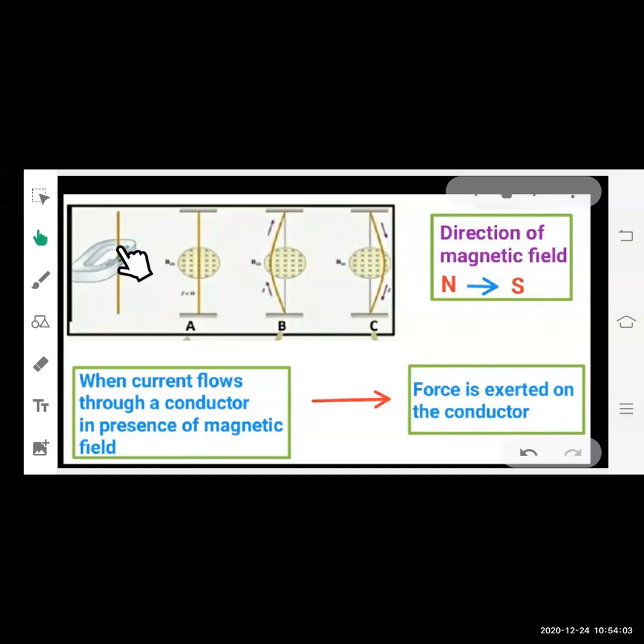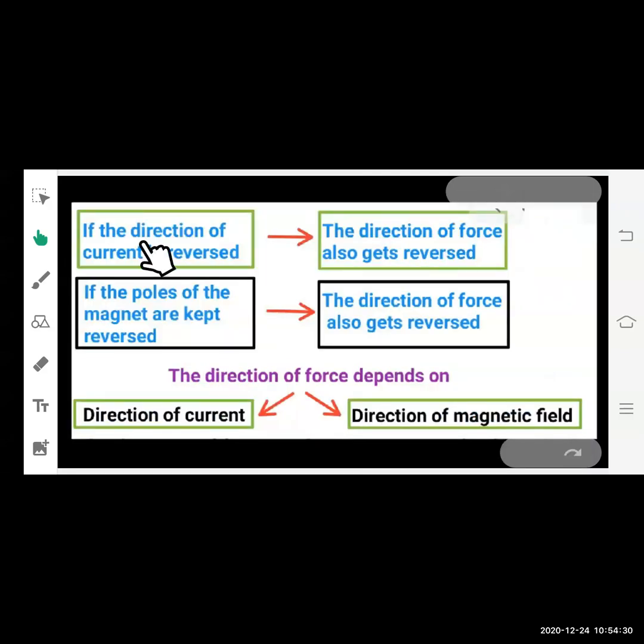The magnetic field generated by the magnet exerts a force on the conductor, because of which the conductor moves away from its original position depending upon the direction of the current flowing in the conductor. If the direction of current is reversed, the direction of force exerted also gets reversed. Understood?